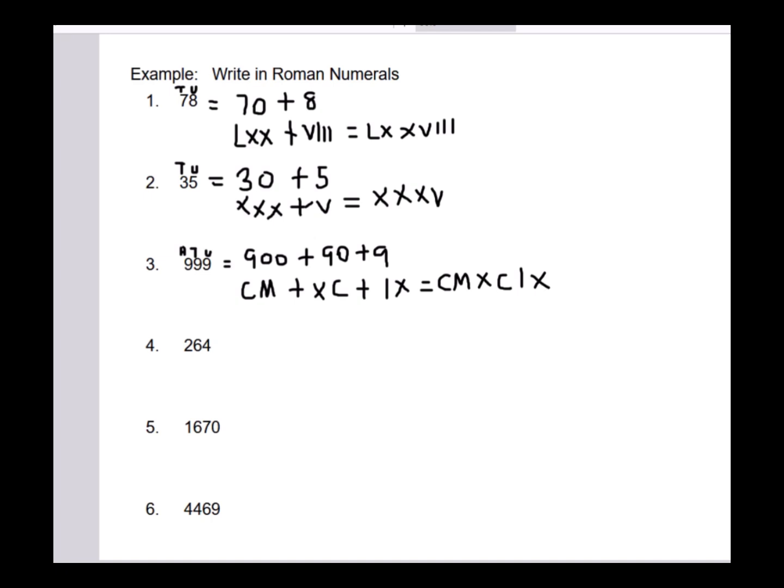So we're going to do the same thing for the next example. We have unit, tens, and 100. So we're going to split them using the expansion method as well. We have 200 plus 60 plus 4.